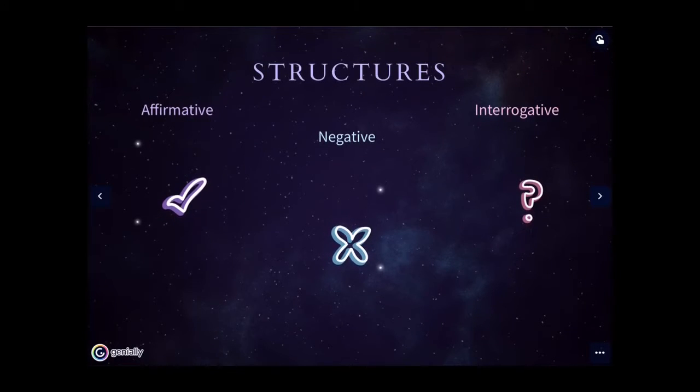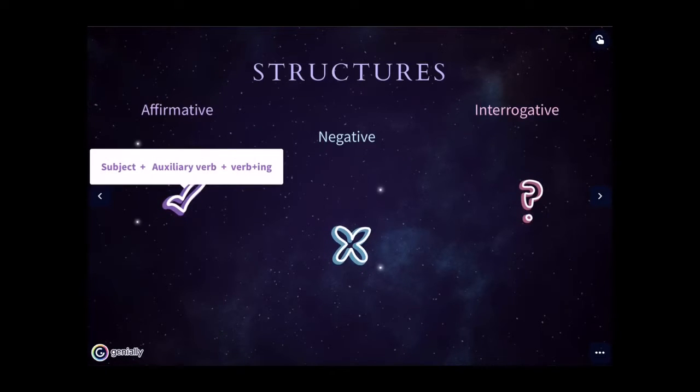We are going to see the structures of the present continuous. First, let's take a look at the affirmative form. First, we have the subject plus the auxiliary verb. We use an auxiliary verb in the sentences.